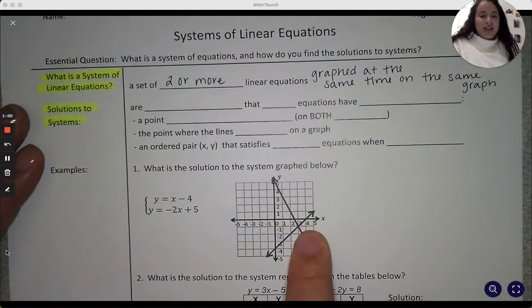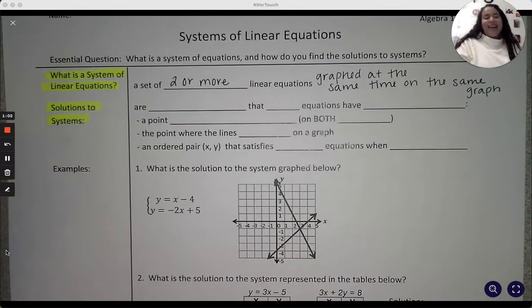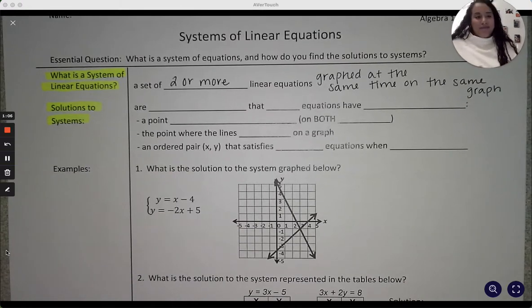Okay, so like this right here, that's a system. Okay, so imagine multiple lines being drawn on the same coordinate plane. All right, so multiple lines graphed all over the place.